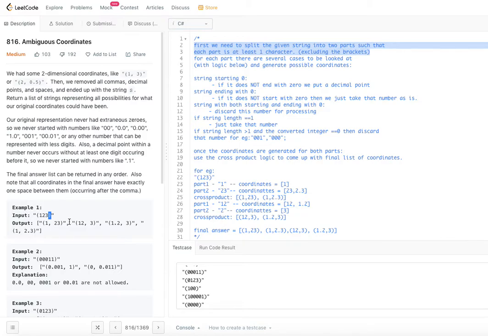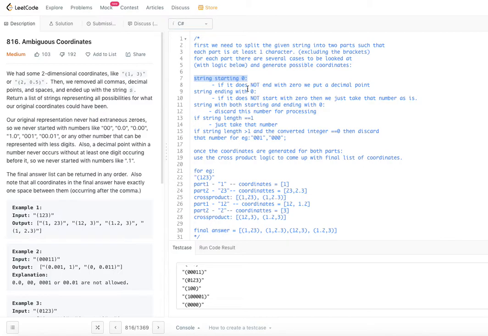So 123 could be divided into 1, 23 and 12, 3. So those are two divisions for that. We are going to look at the example anyway. So for each part, there are several cases that are looked at, with all the general possible coordinates. Strings starting with 0.